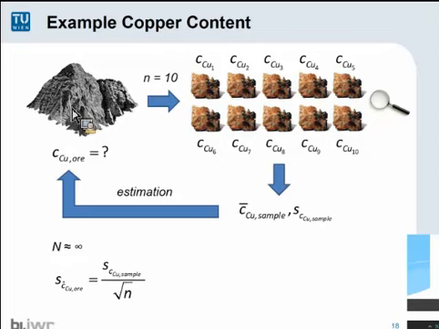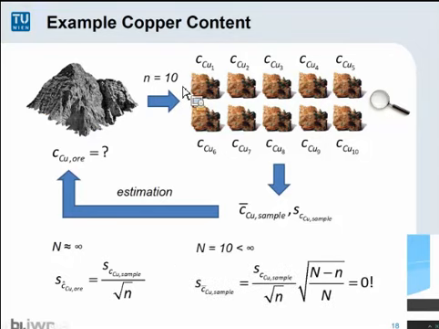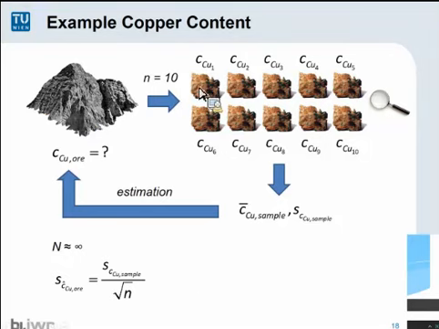Okay? So now something that you might think about: if we would be able to analyze the complete mountain, it should be more or less clear, assuming that there are no measurement errors, that we could determine the copper concentration of the ore precisely. So just to think about it, let's say we want to know the uncertainty of this mean value that we computed here.